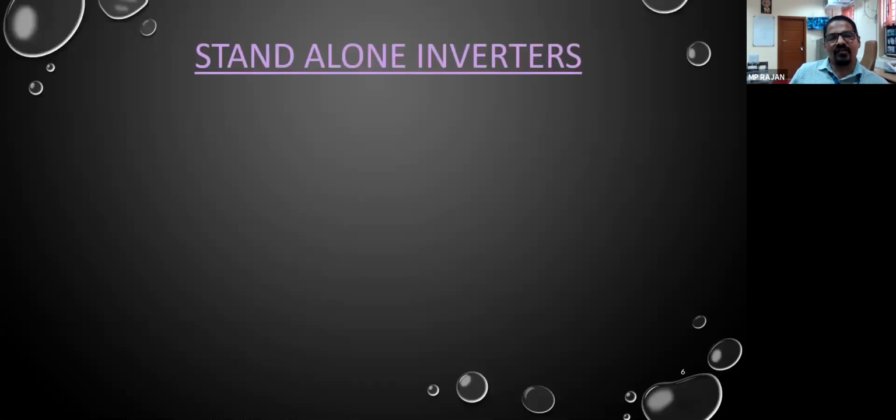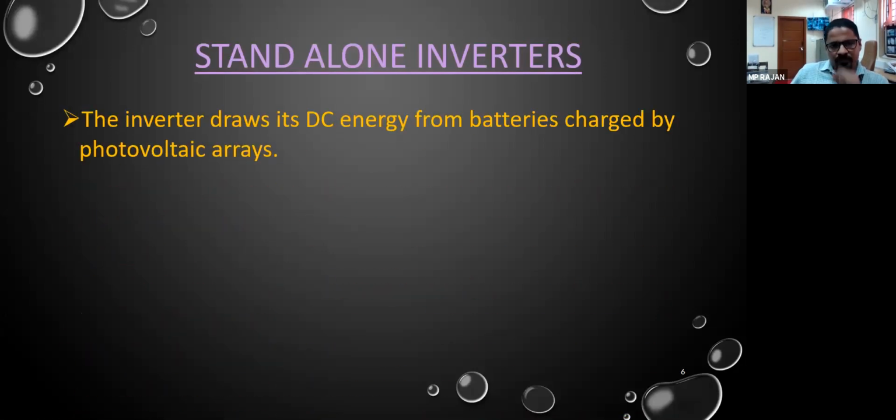So first we will see standalone inverter or the off-grid inverter. It draws the energy from the battery charge control. In the off-grid system, we have seen the schematic diagram of an off-grid system. The solar power panels are connected to a charge controller. From the charge controller, the DC supply is given to the battery.